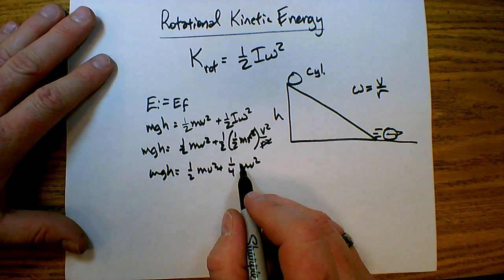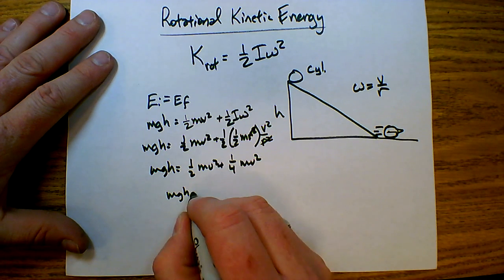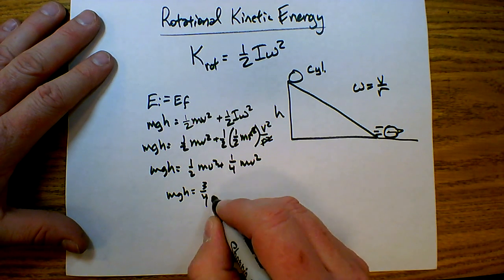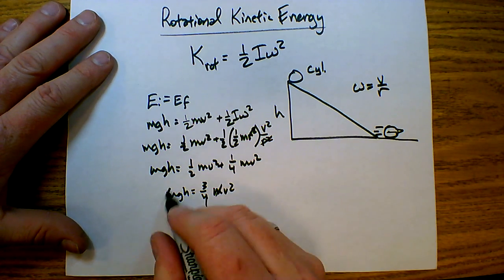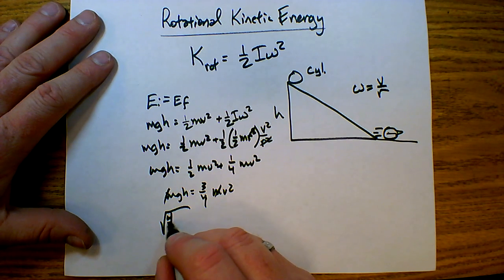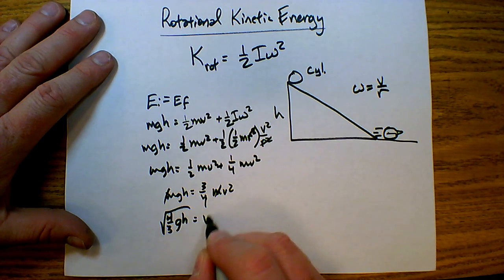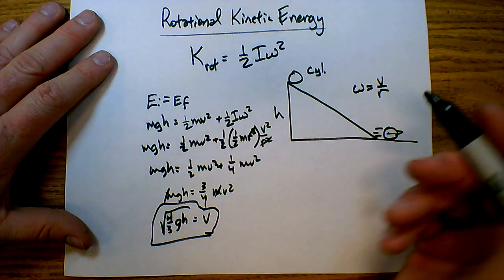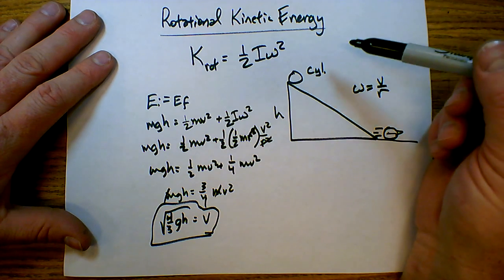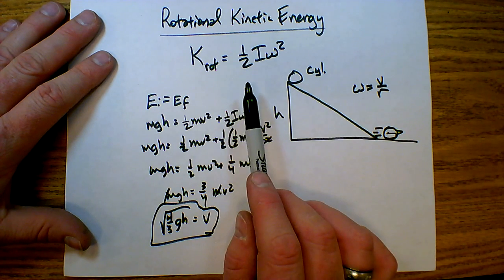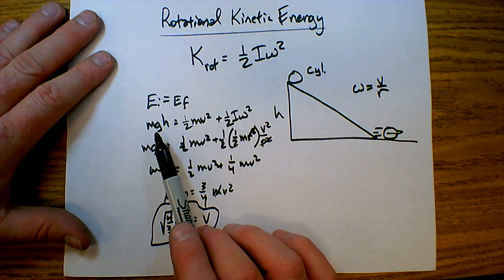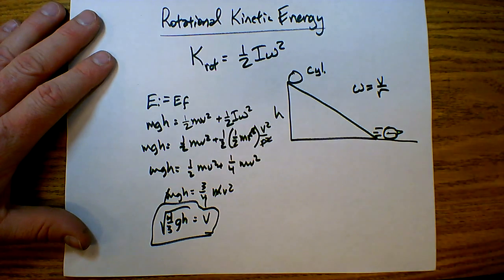So 1/2 plus 1/4, like terms, 3/4. mgh equals 3/4 mv squared. The mass will divide out. The square root of 4/3 gh is my speed. And so anytime you're dealing with rotational kinetic energy, this rotational kinetic energy is just one extra term in the overall conservation of energy equation. And that's how you do it.